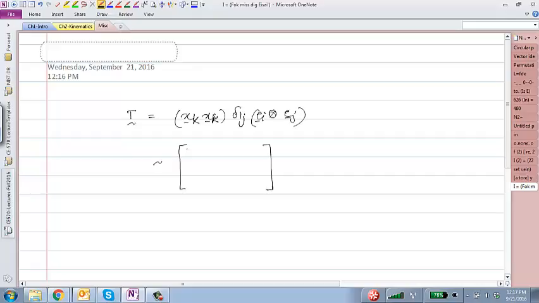Yes, it would indeed be x_k on the diagonals. And remember that x_k is x1 plus x2 plus x3. It's the same quantity on the diagonals because this part is just identity. And the other part we had was minus 2x dyad x. How would you write minus 2 times x dyad x?